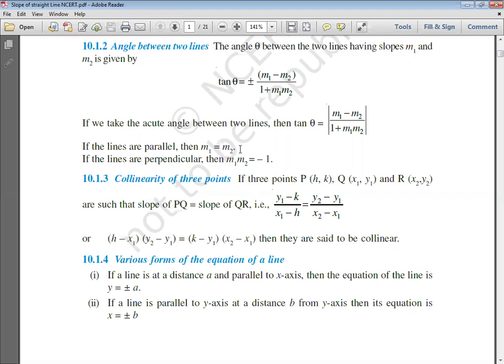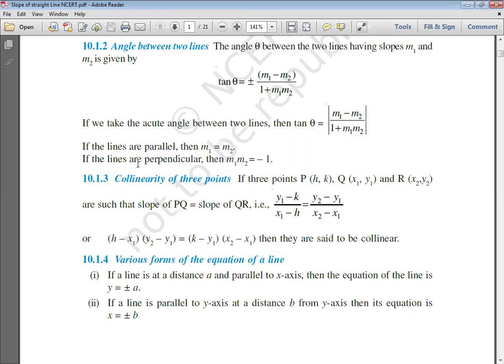So when two lines are parallel, the angle between them is 0. So tan 0 equals 0. If we cross multiply this, you will have m1 equal to m2. That means if two lines are parallel, then their slopes are equal. Or conversely, if the slopes of two lines are equal, then the lines will be parallel.